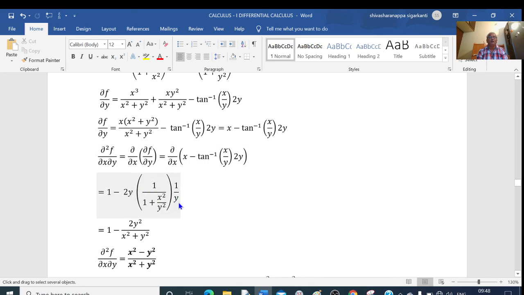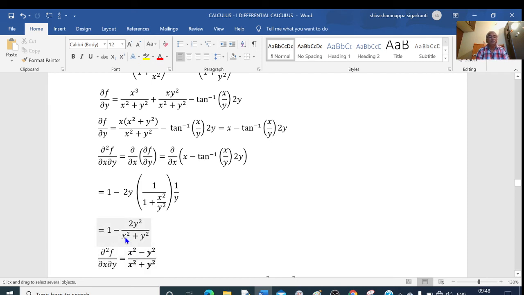Here this y gets cancelled, and here if I take y² as LCM, I am getting y² plus x², or x² plus y², and this goes to the numerator. So that is y². What I am getting here is 1 minus 2y² by x² plus y².